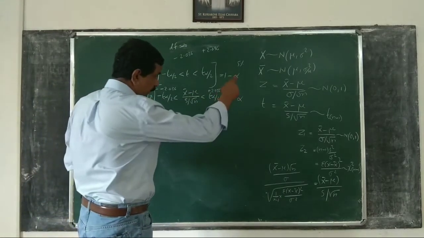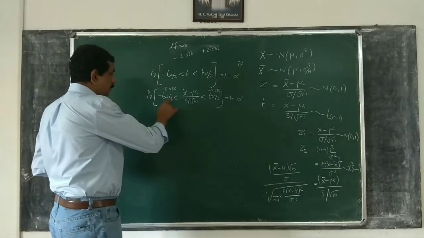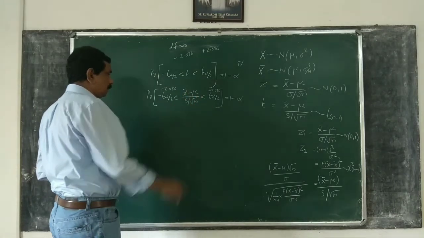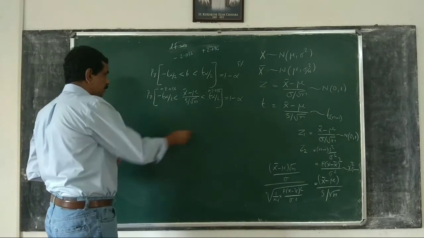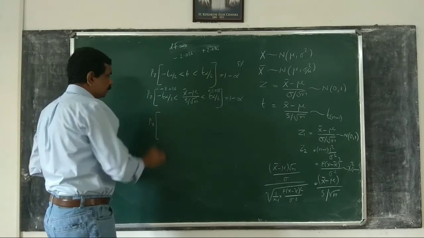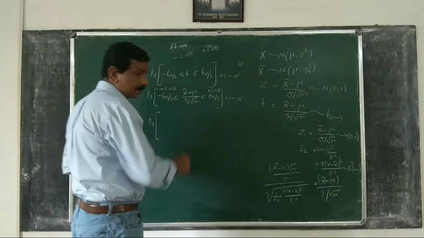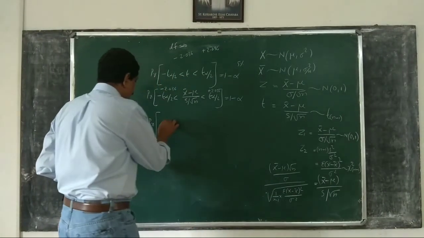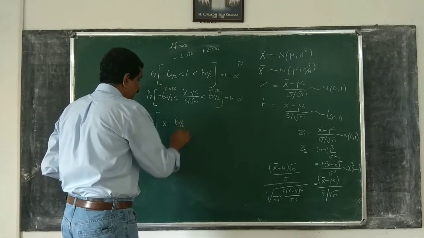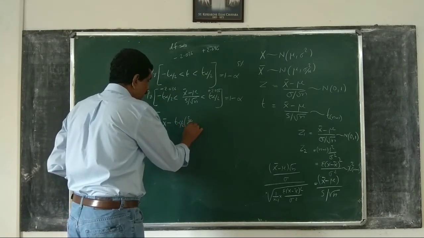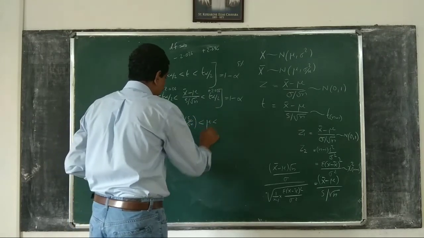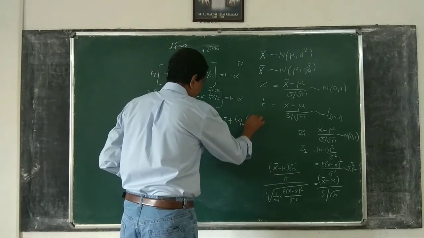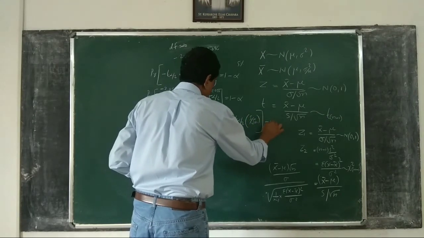Now, just as we did in the case of Z, multiply throughout with S by root n, subtract x bar, multiply throughout with a minus, and you will get the probability that x bar minus T alpha by 2 into S by root n less than mu less than x bar plus T alpha by 2 S by root n is equal to 1 minus alpha.